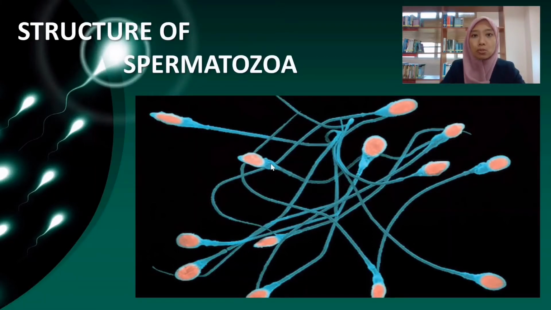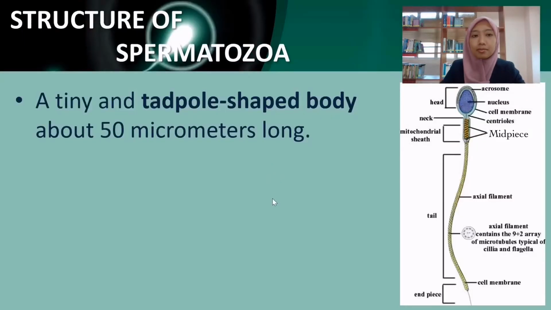Structure of spermatozoa. Spermatozoa is actually the sperms, and it has a tiny, tadpole-shaped body about 50 micrometers long. Is it very tiny, right?